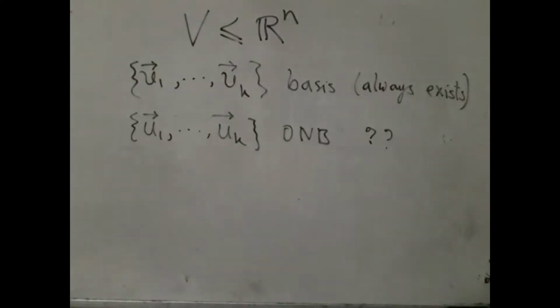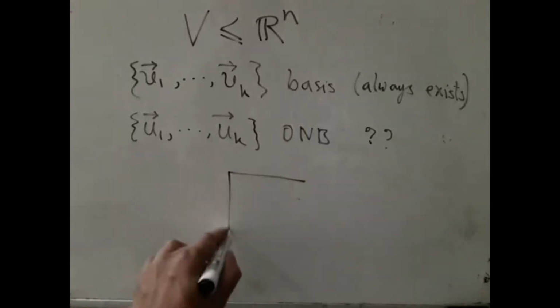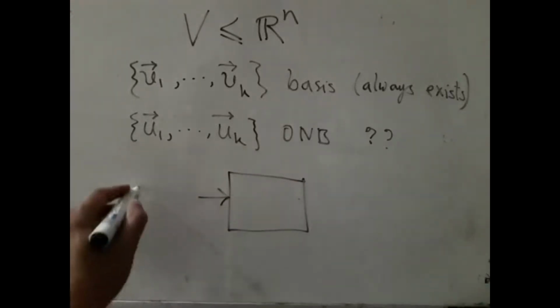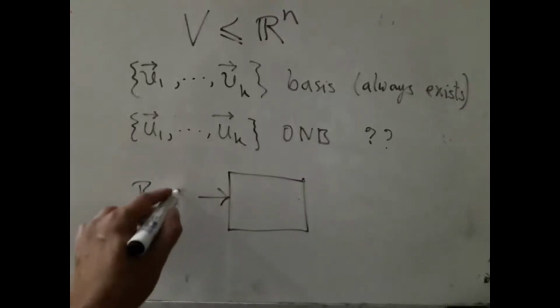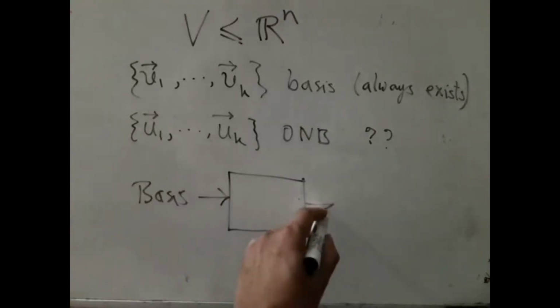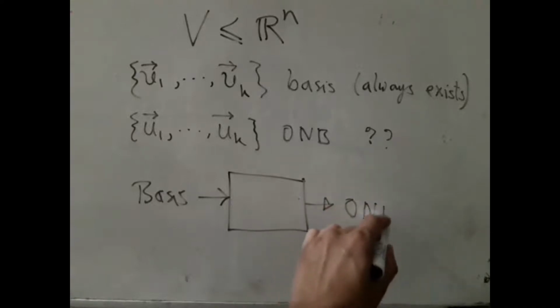Is it true that any such subspace also has an O and B? Because we see that O and B is good, but do these good things always exist? Well, the answer is yes, they always exist. And not only that, there is a very routine algorithm by which you can take any basis, feed it into a black box, and out comes an orthonormal basis.